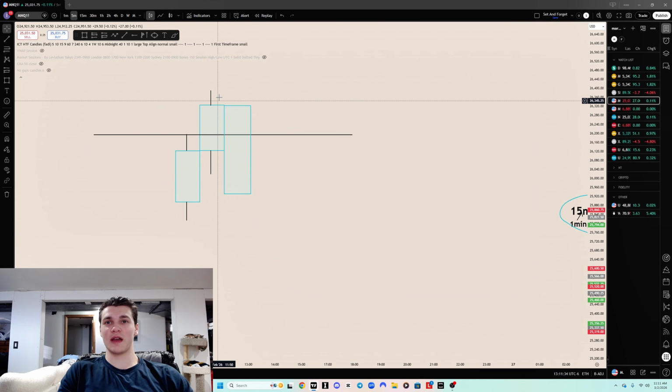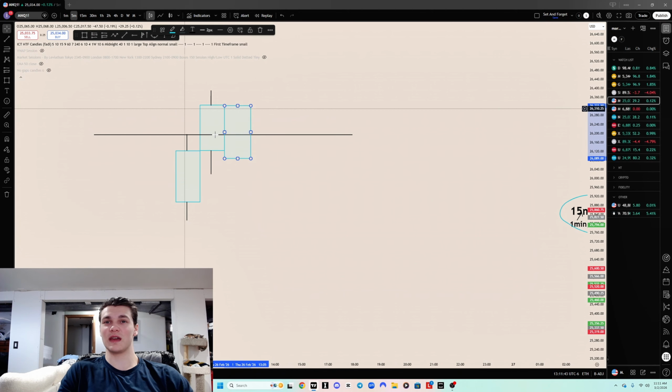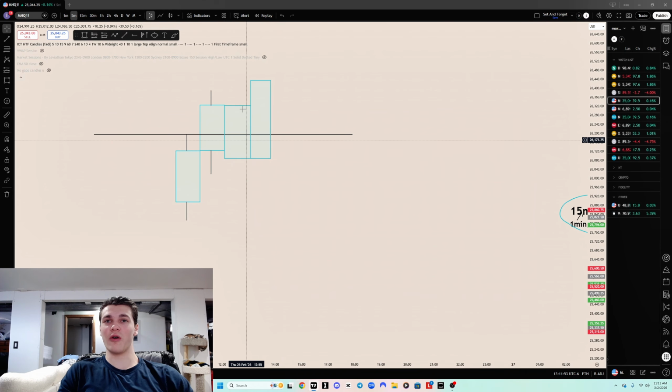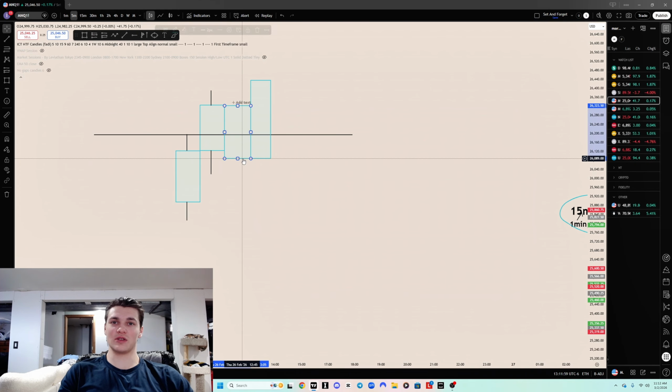So once price taps into your POI, you're just waiting for candles to start closing bearish. If this candle closed like this, inside of this candle's range right here, you're still bullish. Even though we closed back below the POI, we didn't break out of that bullish range.